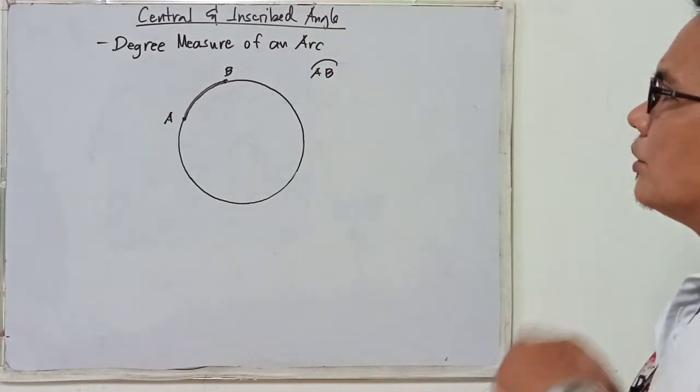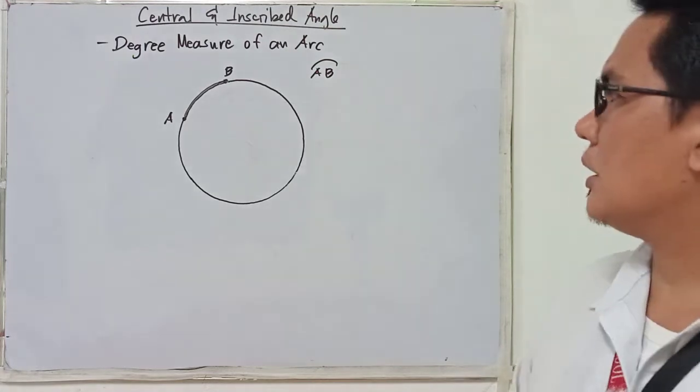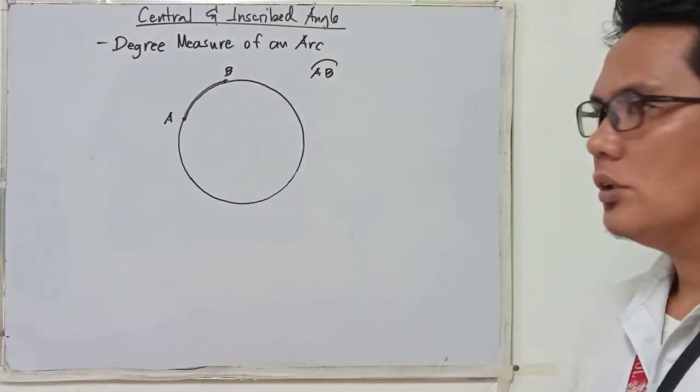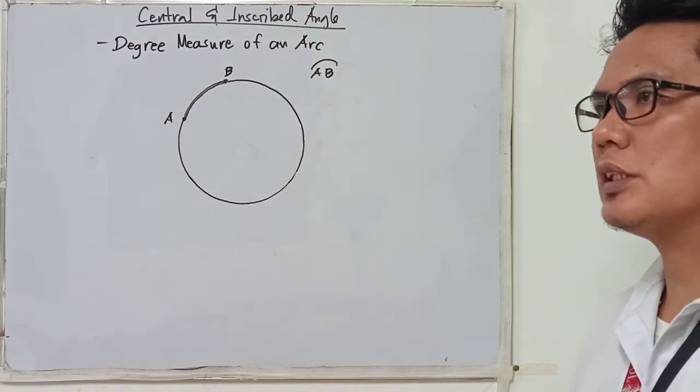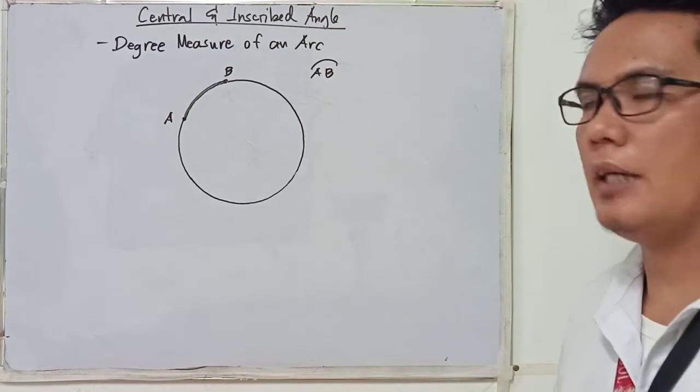If two lines are connected from the endpoints of the arc towards any point of the circle or towards the center, we can say that that is a central or an inscribed angle.